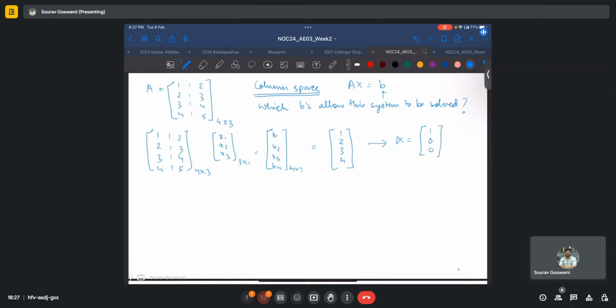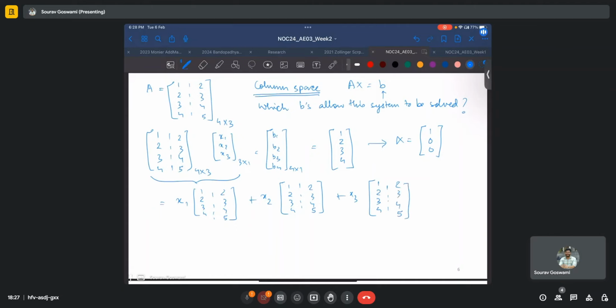The way to think about this, just from inspection, is that this is equal to x1 times the column 1, 2, 3, 4, plus x2 times the column 1, 1, 1, 1, plus x3 times the column 2, 3, 4, 5.